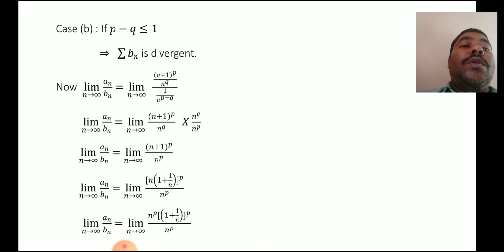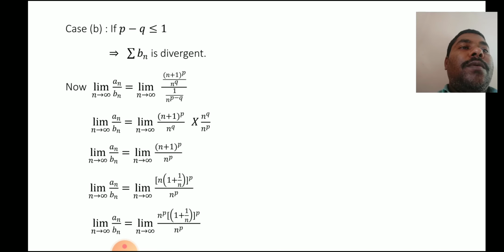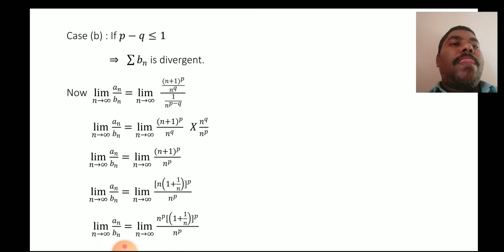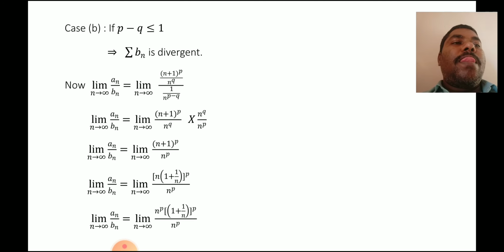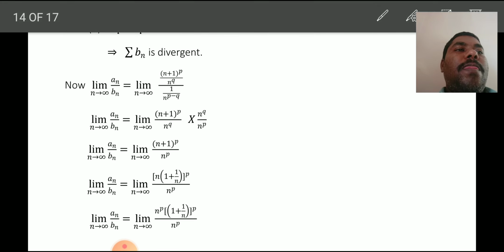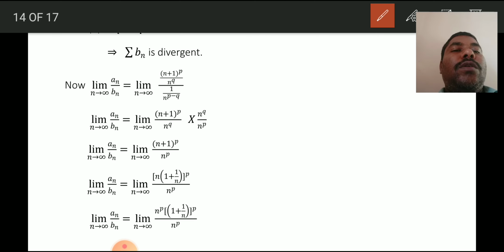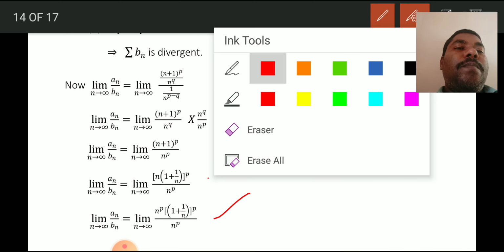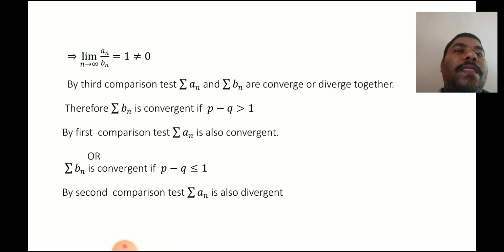So after simplification we have limit of an by bn is equal to limit of n raised to p into (1 plus 1 by n) raised to p divided by n raised to p.